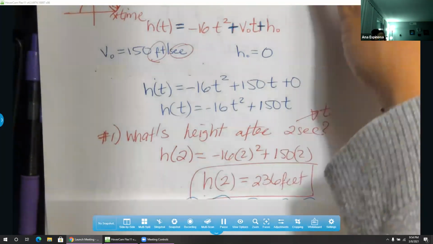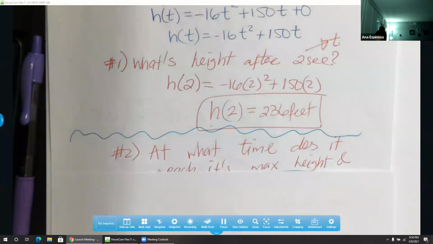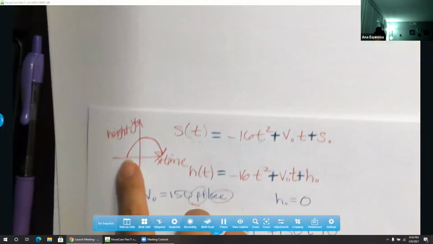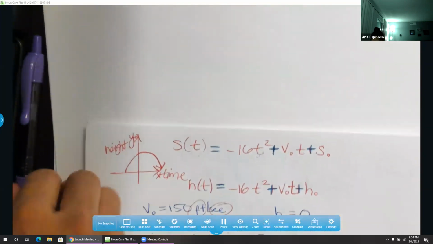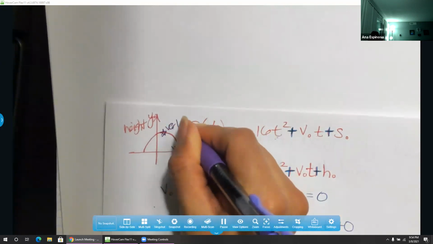Okay? Last question is, at what time does it reach its maximum height, and what is the height? So looking at the picture again that I have up here, if this is a parabola and you are looking for the maximum height, you're basically looking for the vertex.